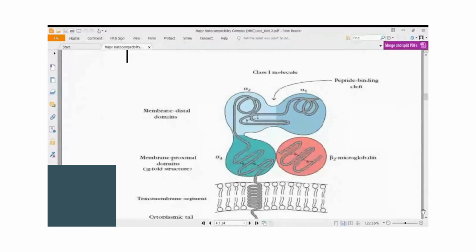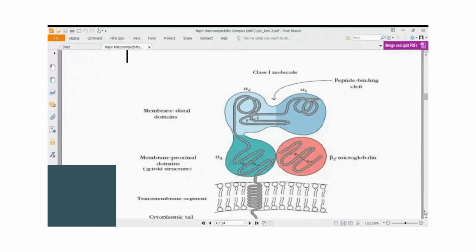The first and the remaining amino acids in between could be different, but the second and ninth amino acids cannot be different. They are conserved and have to be leucine or isoleucine in all the different types of peptides generated endogenously that bind to the cleft of the class 1 MHC. If they don't contain these amino acids, the peptide cannot bind.